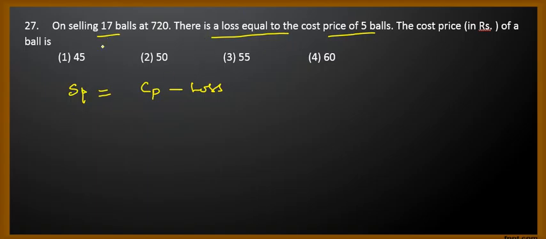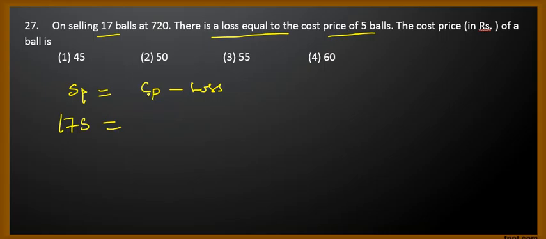Assume that the selling price of each ball be S. Now, how many balls are sold? 17 balls. So, the selling price of 17 balls will become 17S, equal to, assume the cost price of each ball be C, because he has sold 17 balls, so I have to know the cost price of 17 balls.